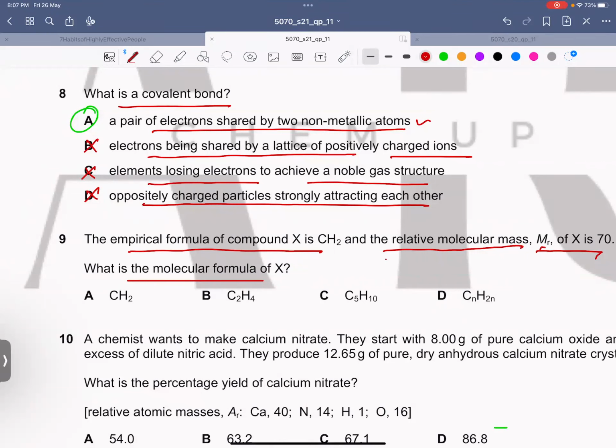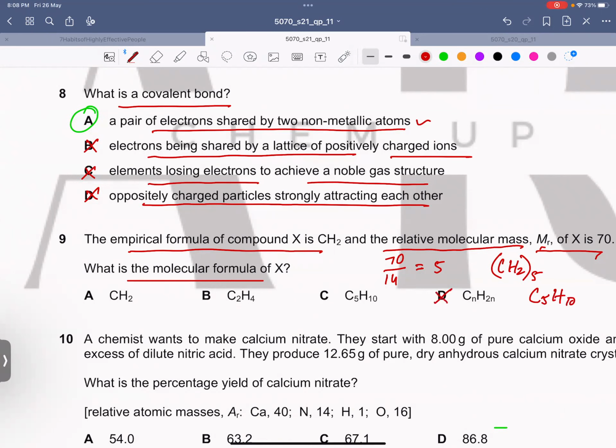So first you divide 70 by the mass of the empirical formula, which is C 12 plus 2 hydrogen, so 12 plus 2, 14. Can anybody tell me the answer when you divide 70 by 14? 5. So it means CH2 times 5, which makes it C5H10.